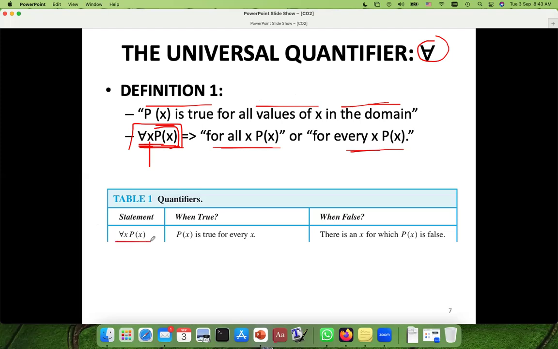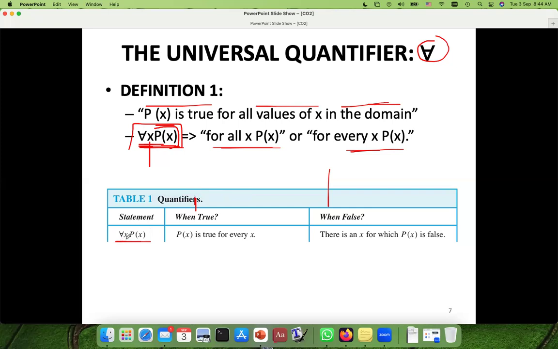What is the meaning? If for every X, P of X is there, if you have this statement, when will this statement be true and when will this statement be false, let's see that. It is very necessary to understand what these statements are saying. Only then you can identify when it will be true, when it will be false.